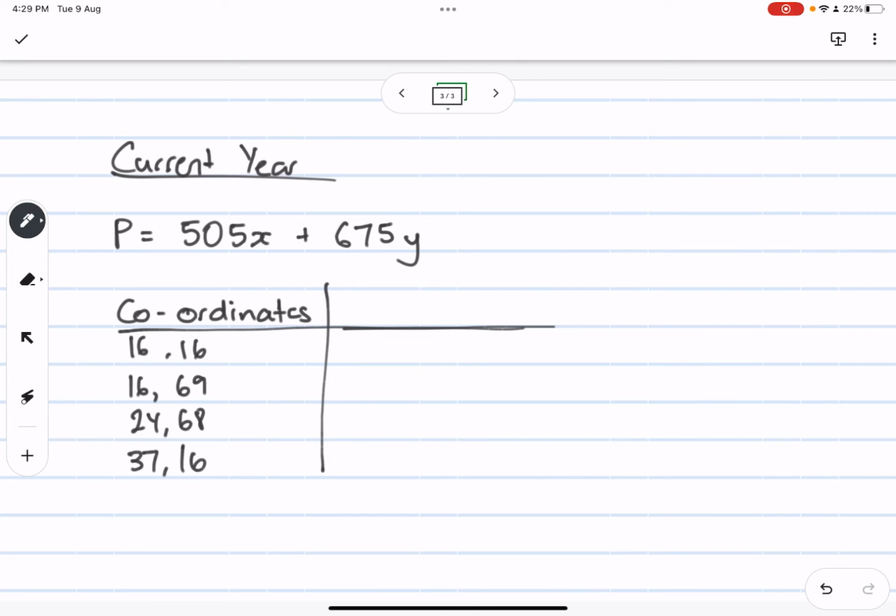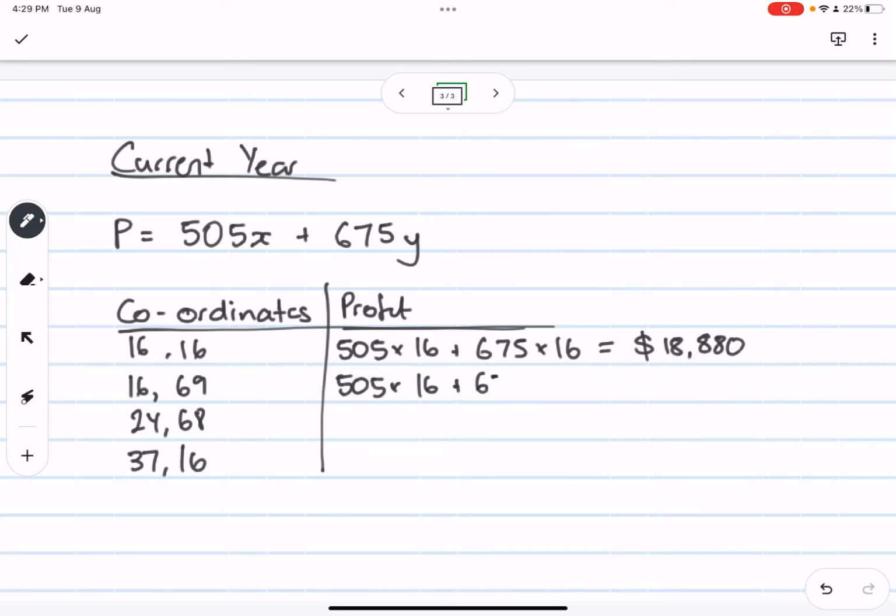So what we're going to do now is put in our profit. 505 times 16 plus 675 times 16, popping that coordinate in, gives us a profit of 18,880. Second point would be 505 times 16 plus 675 times 69, which gives us a profit of 54,665.